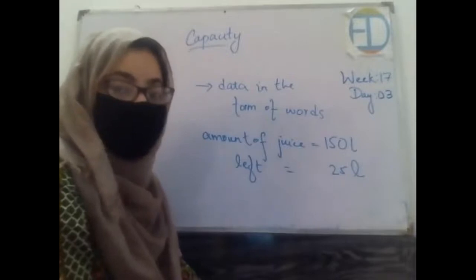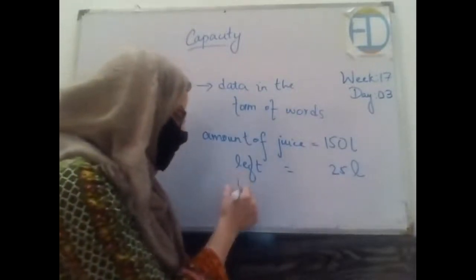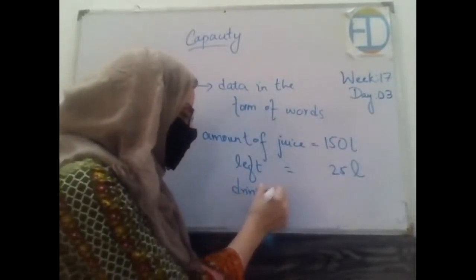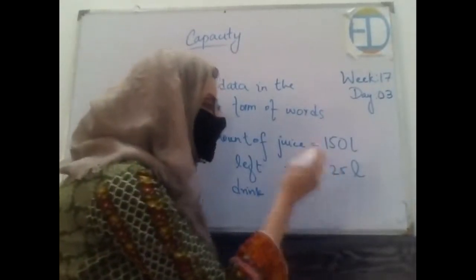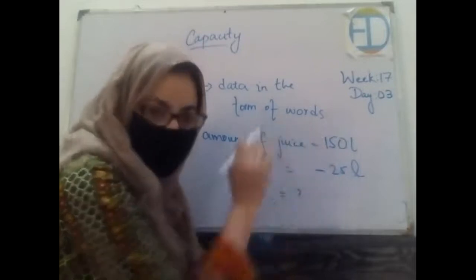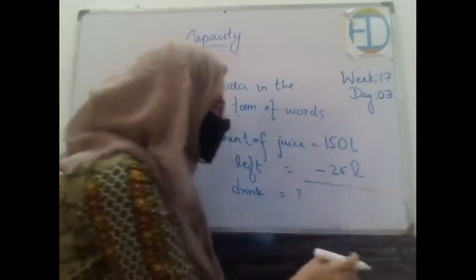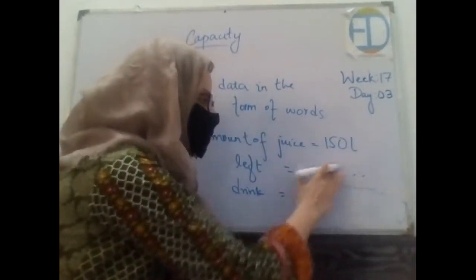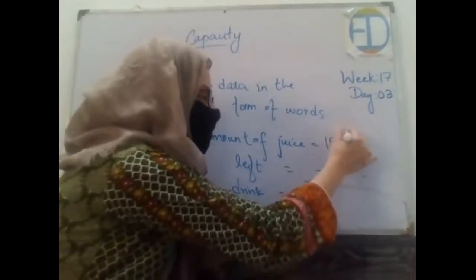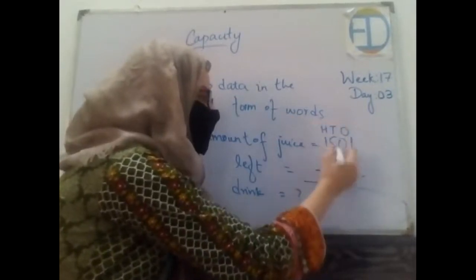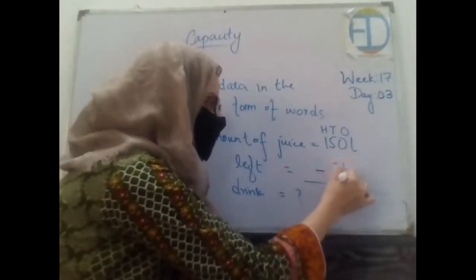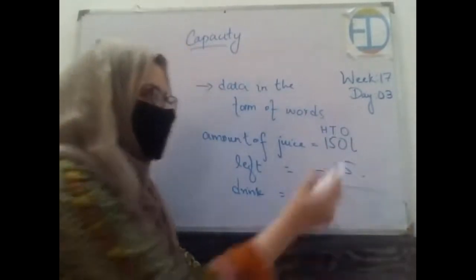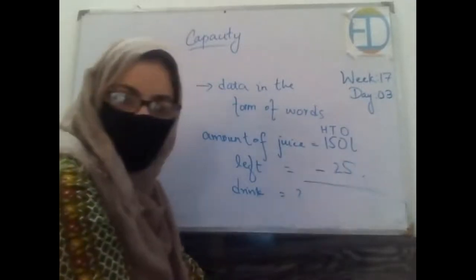How much did the guests drink? In order to find how much they drank, we will subtract what is left from the total one, right? So let's write them accordingly. This is 150, and I'll write 25 over here. Now can we subtract 5 from 0?